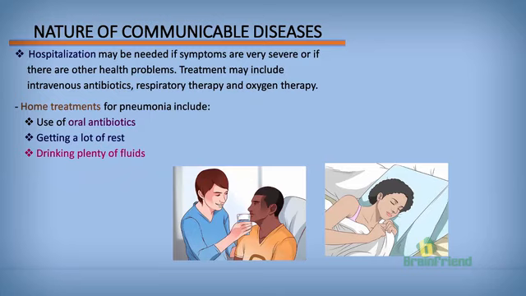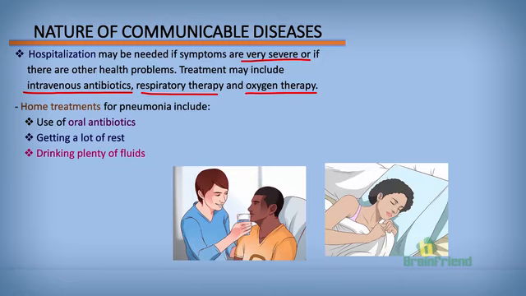Then another thing we can do is hospitalization. The person may need to be hospitalized if the symptoms are very severe or if there are other health problems. In the hospital, treatment may include intravenous antibiotics, respiratory therapy, and oxygen therapy.